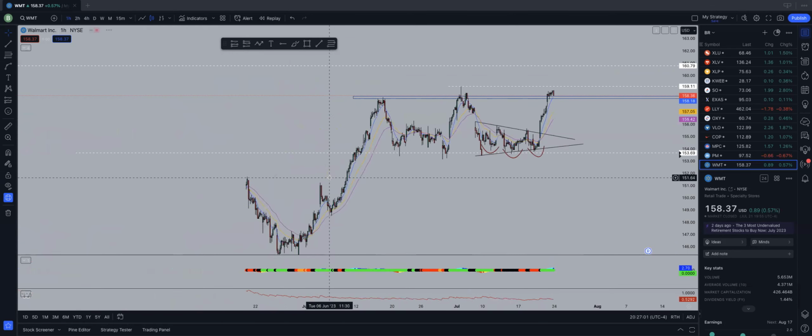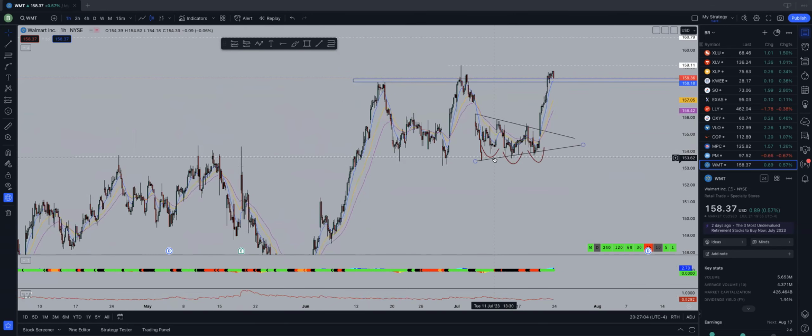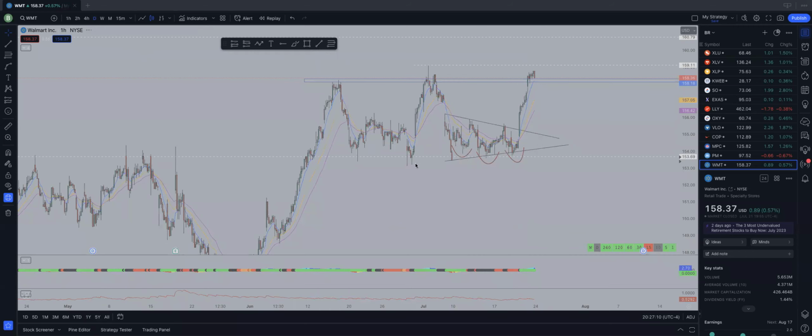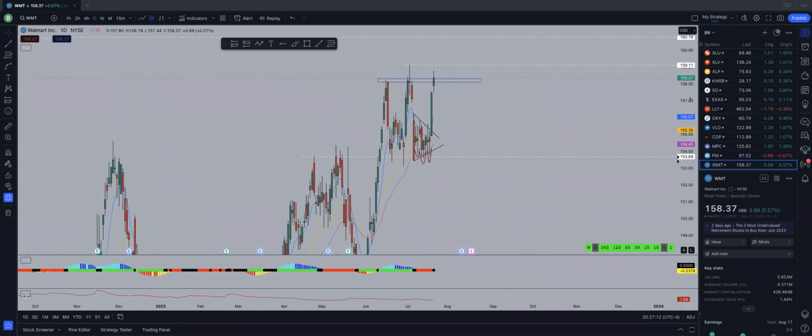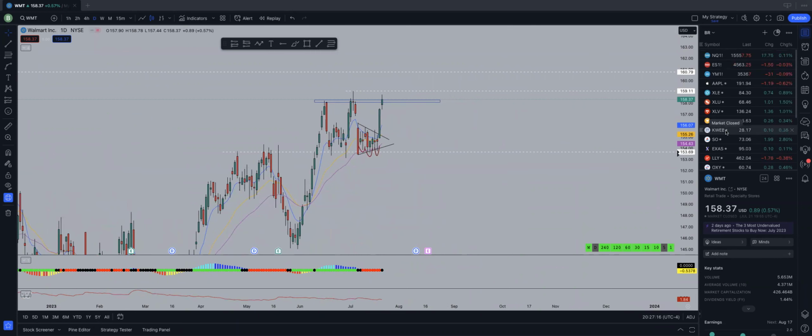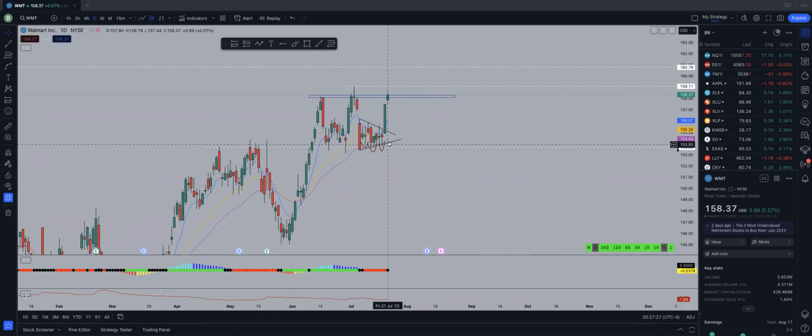And then the 1-hour, same thing, inverse head and shoulders. So I had multiple time frames that were agreeing with this trade that made me want to take it. So yeah, it's not really just one time frame, it's a lot of different time frames. So yeah, that's one of the trades we took this week.